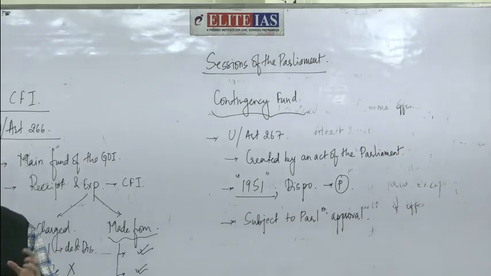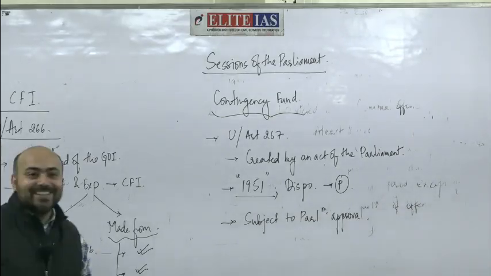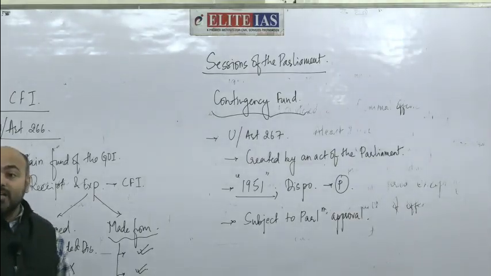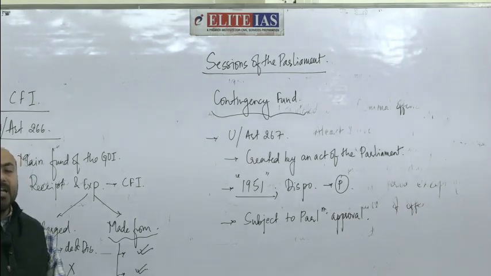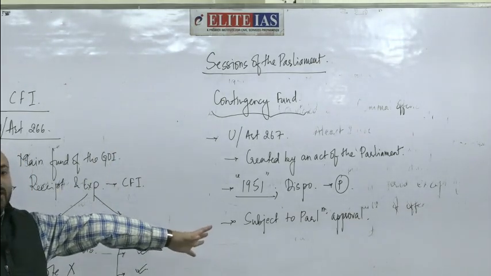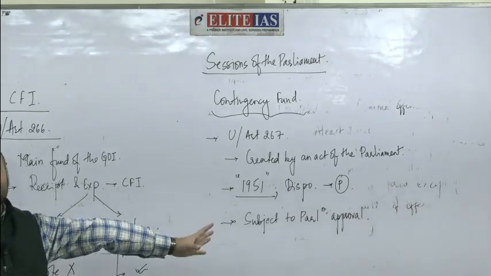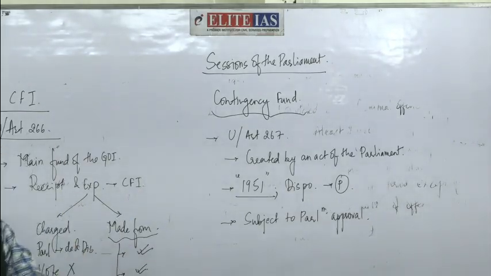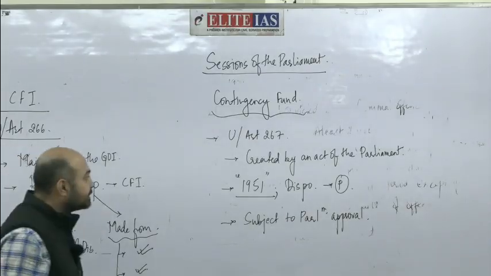It's not that the President can give me that money. That cannot happen. As the name suggests, contingency fund, so only in the time of contingencies. Clear? Previously the money every year was around 2 crore, 5 crore rupees that was included in this fund. Right now it is somewhere around 500 crores or something like that.